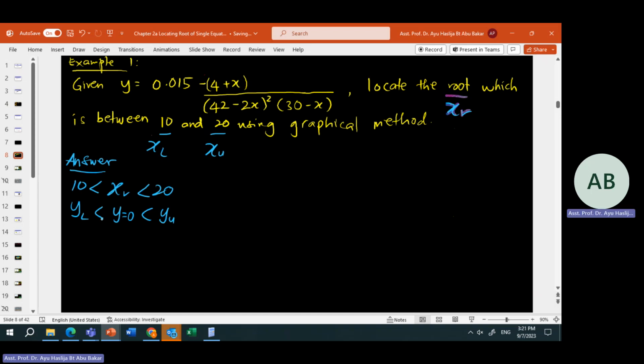How to identify it? Using the equation over here. Let me know if you cannot follow. Okay, this is the first step: identify your range. Now putting the 10 into the equation, what do you get for YL and YU? Try to calculate first.